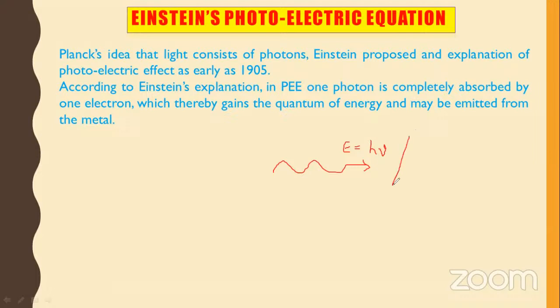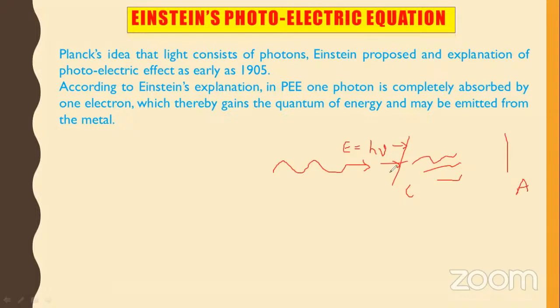When this is incident on a metal plate, what will happen here? Yesterday I already showed you the diagram for the photoelectric effect. The metal plate, the cathode, emits energies, that means electrons, and the anode is there in an evacuated glass tube.